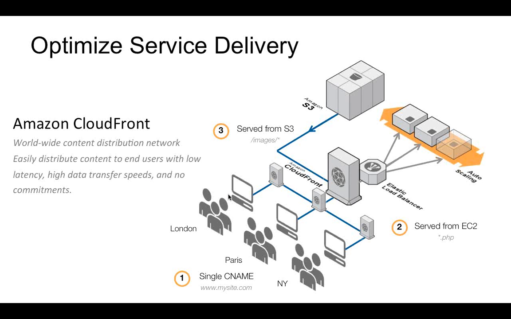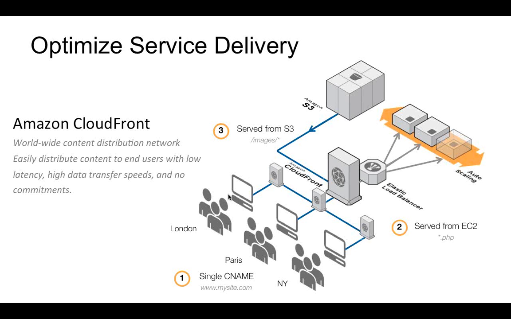Another way of optimizing the service delivery is by using our CloudFront Content Delivery Network service. This is really important for static, dynamic, and streaming content delivery. Basically, you don't want every single request for the pictures, for the videos, etc., hitting your web servers and loading your databases.